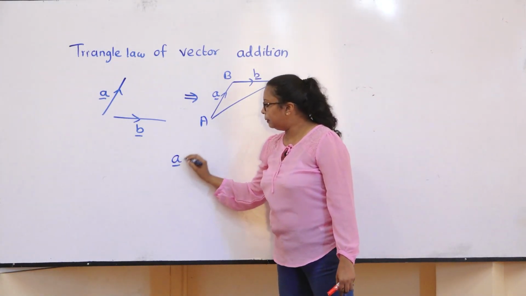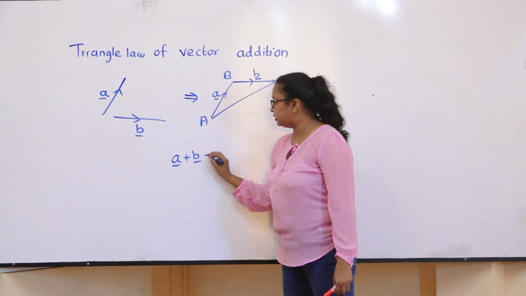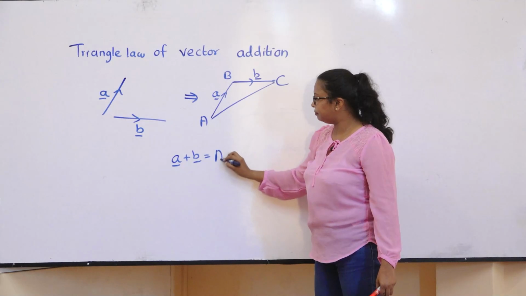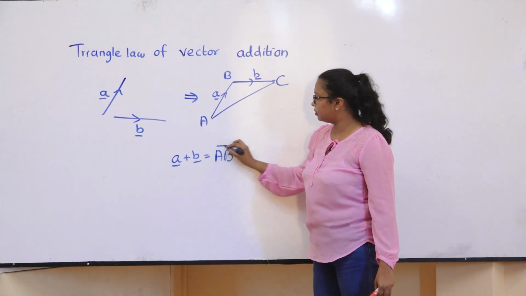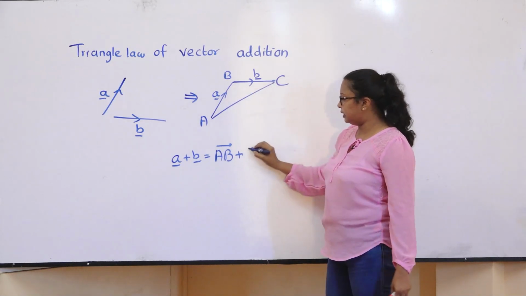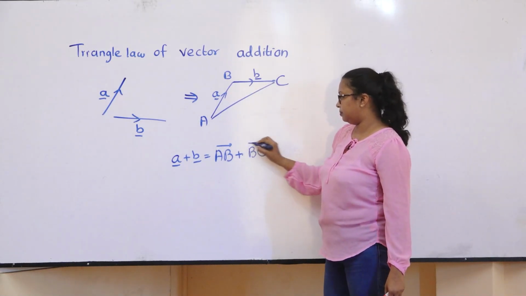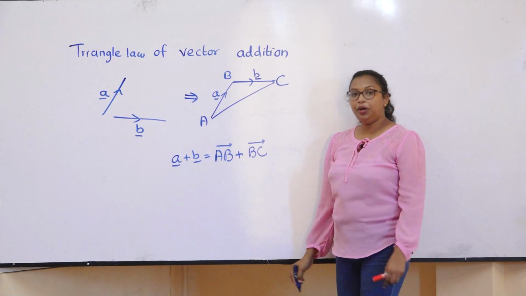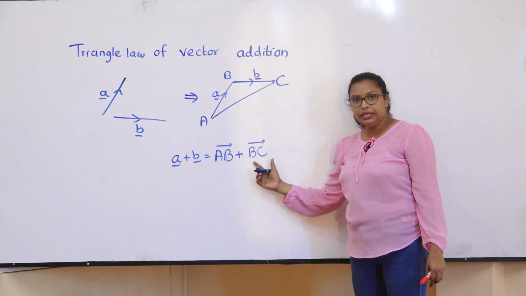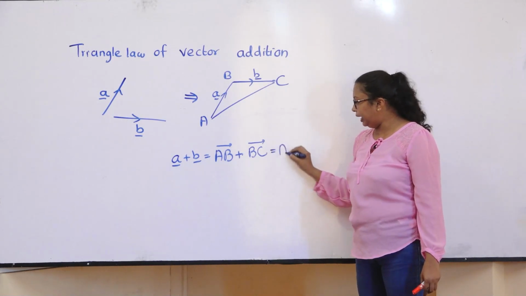Vector A plus vector B means what? What is vector A? AB, plus what is vector B? BC. According to triangle law of addition, AB plus BC is equal to AC.